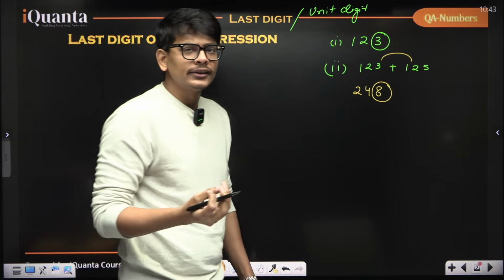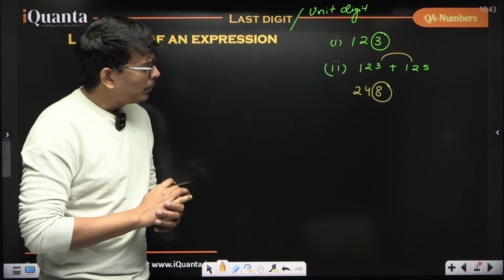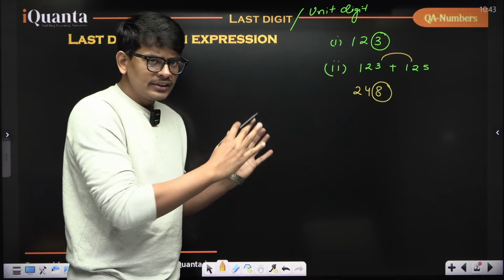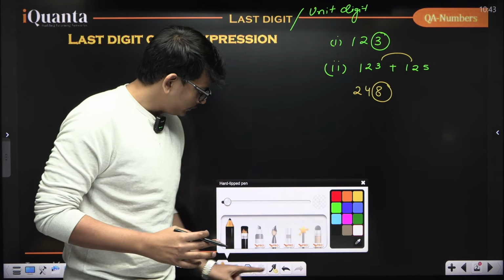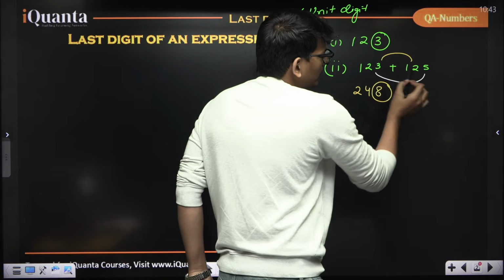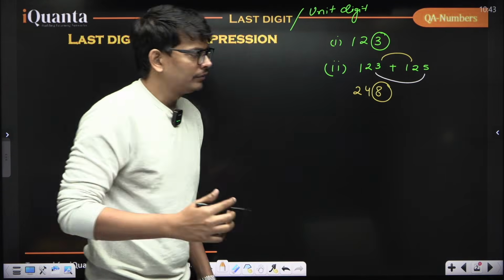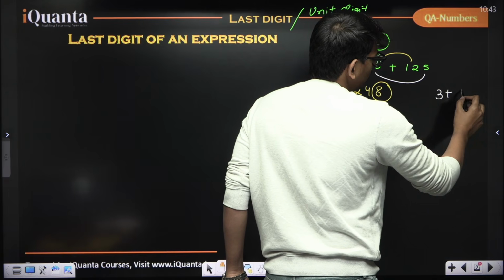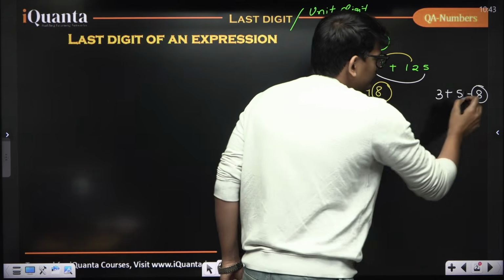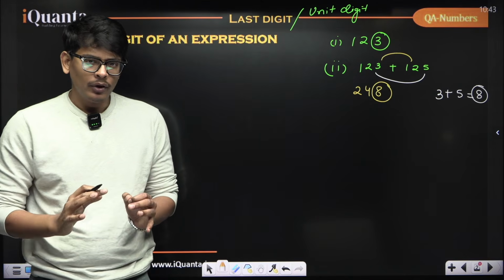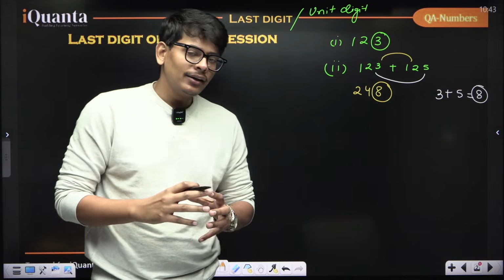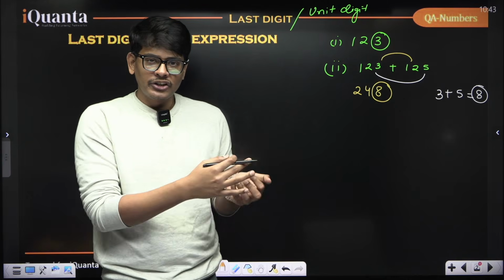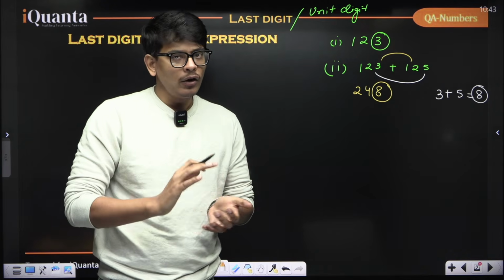But instead of adding all these numbers, if we focus on adding the last digits, 3 plus 5, still the answer remains the same. So from this we can understand the last digit of any expression depends on the last digit only.